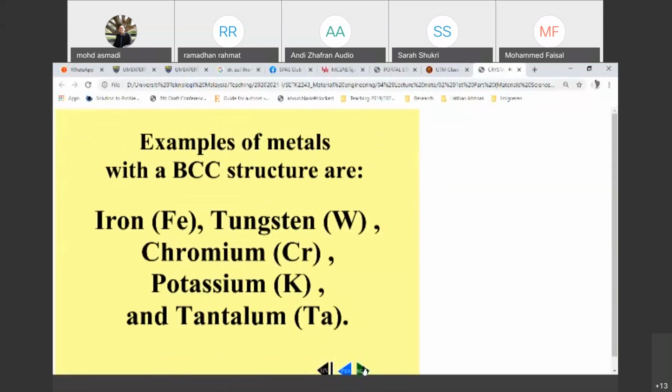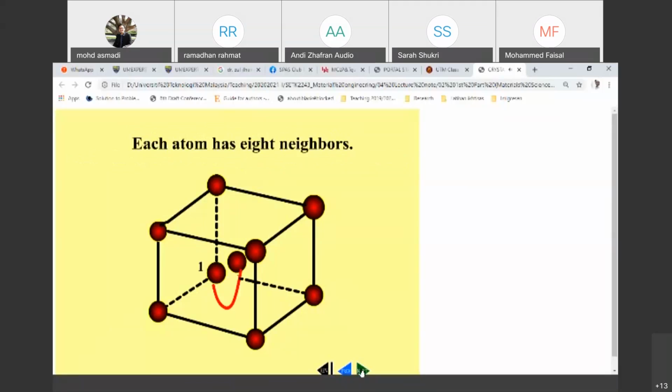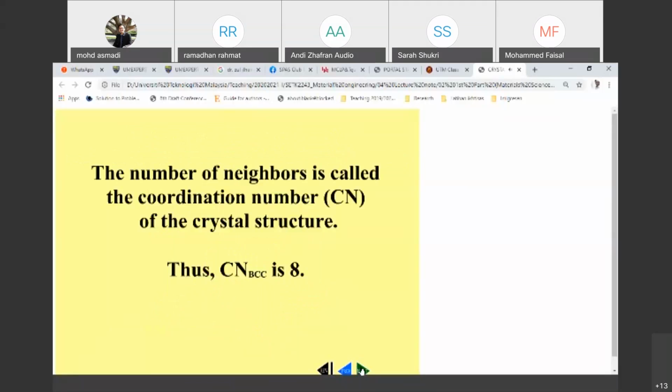Examples of metals with a BCC structure are iron, tungsten, chromium, potassium, and tantalum. Consider the BCC cell below. Each atom has the same geometric environment. The number of neighbors of each atom is called the coordination number.